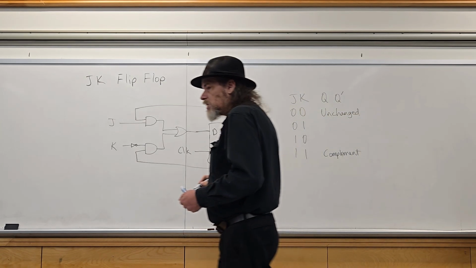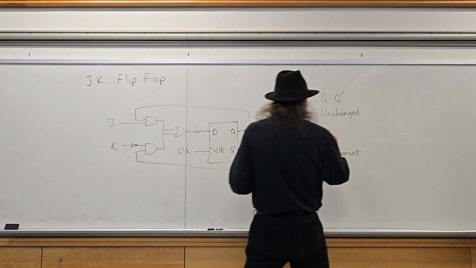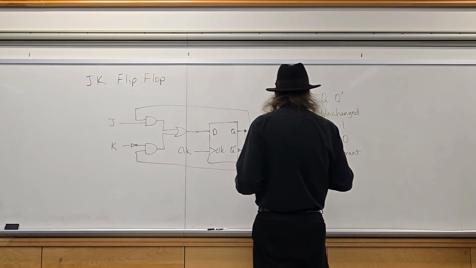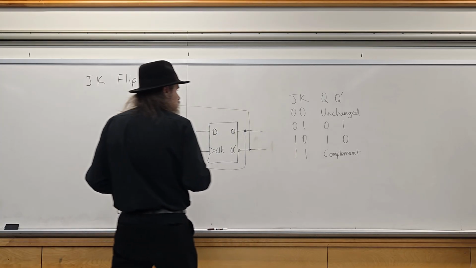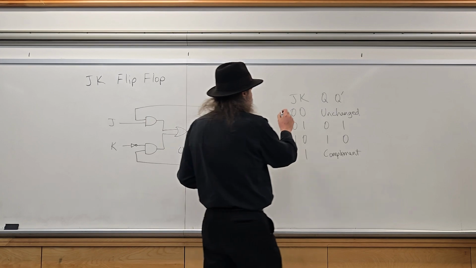And J is the set, K is the reset. So, like so. That's the state table for that.